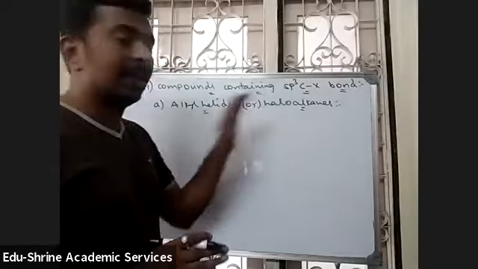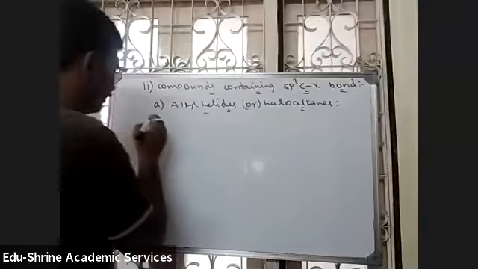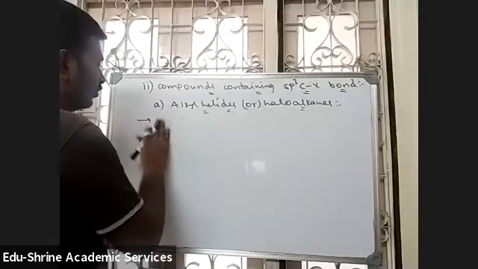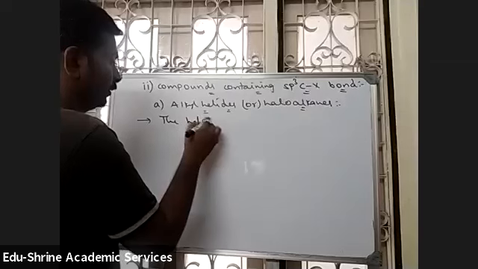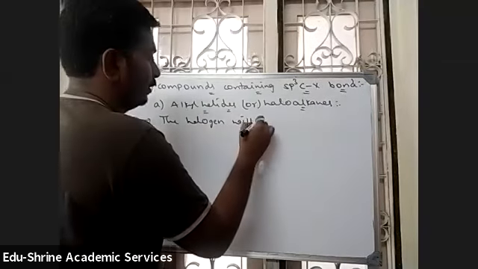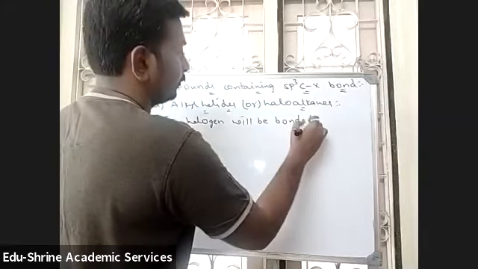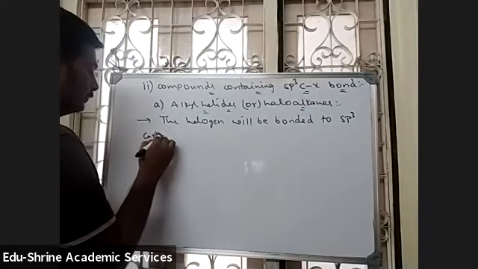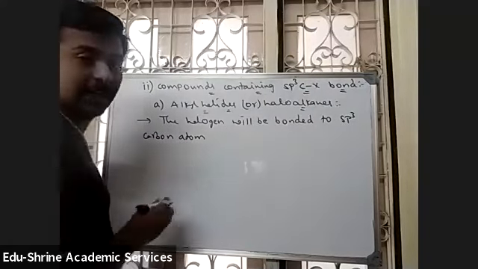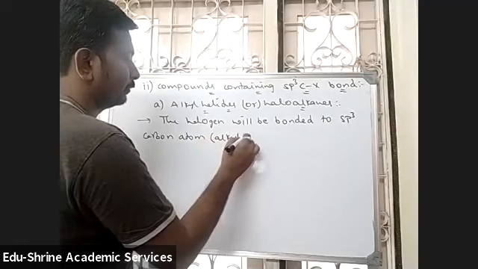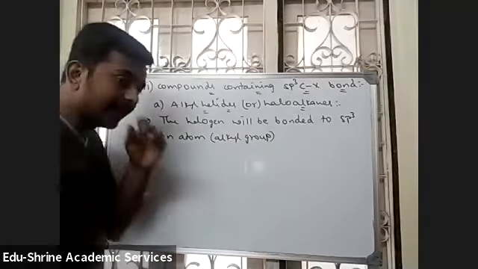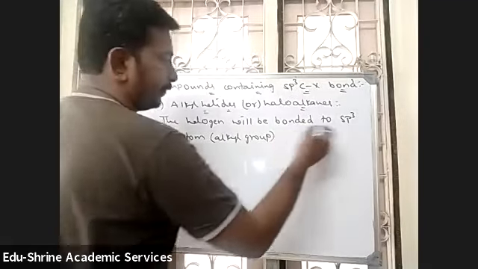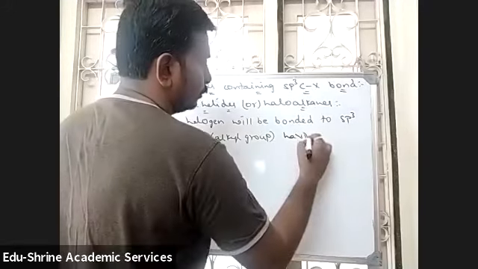I am writing the definition: in these compounds, the halogen will be bonded to an sp3 carbon atom, that means an alkyl group. We know that in an alkyl group, the carbon is sp3 hybridized.